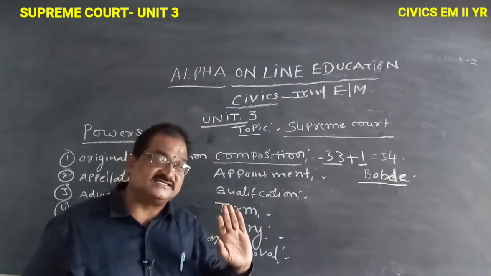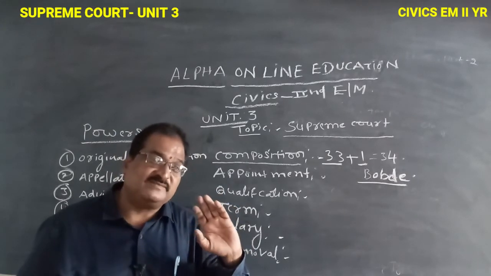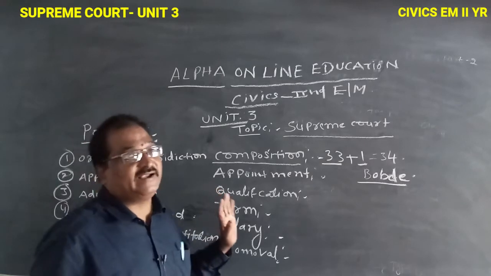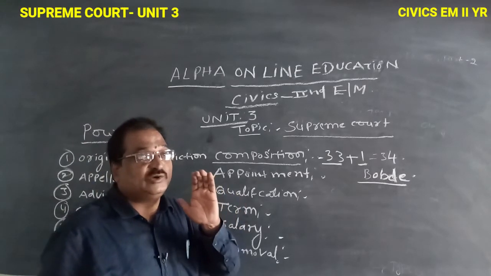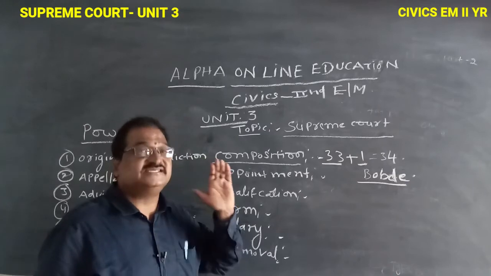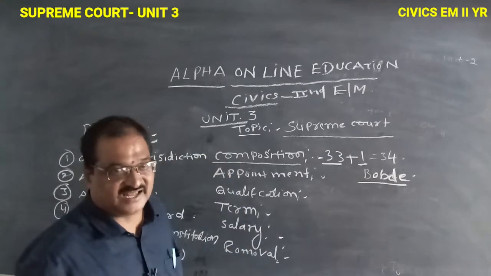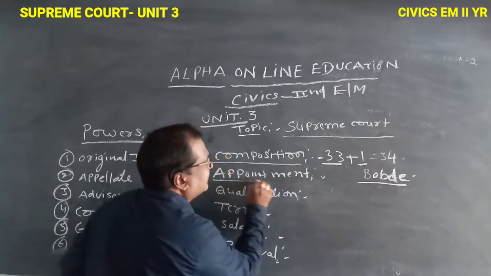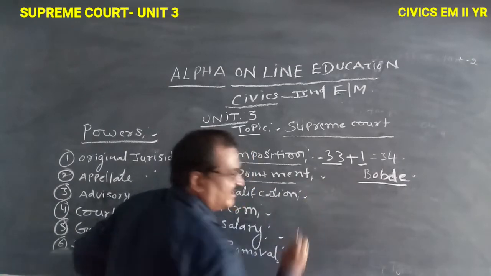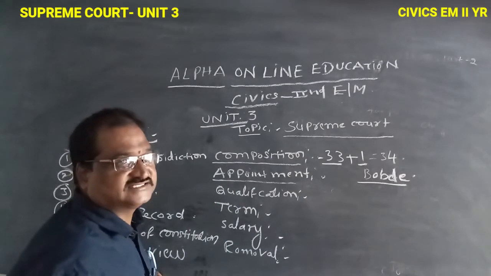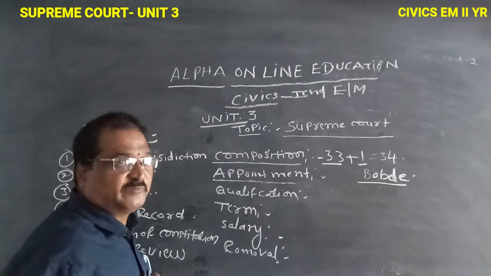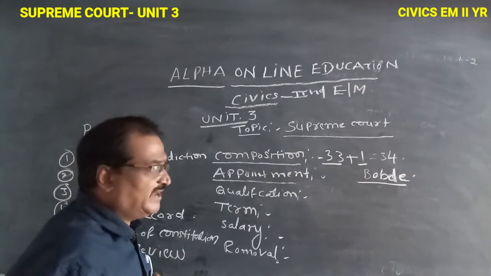At the time of appointment, the President gives more priority to seniority. Presently there are 34 judges including the Chief Justice, Justice Bobde.